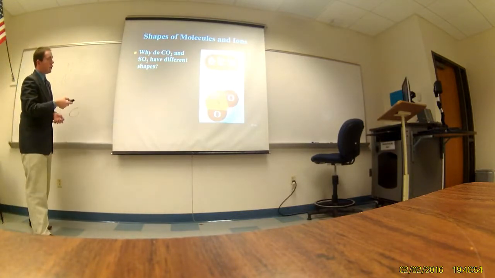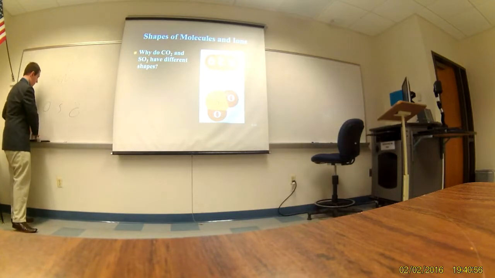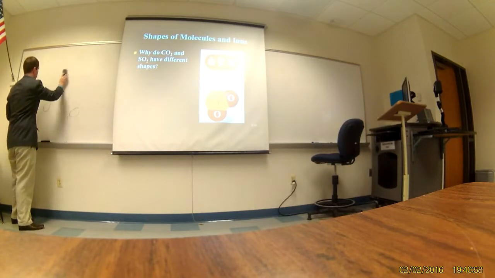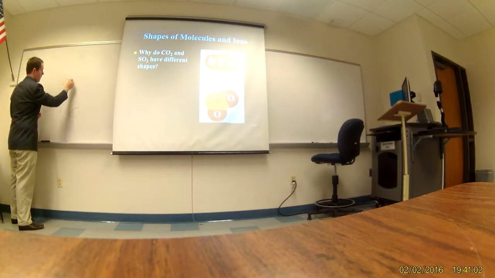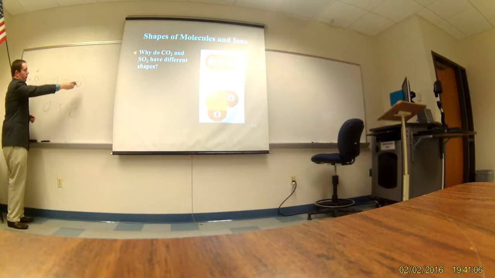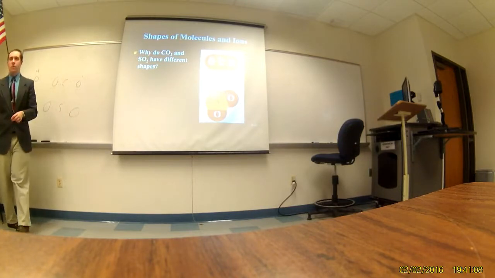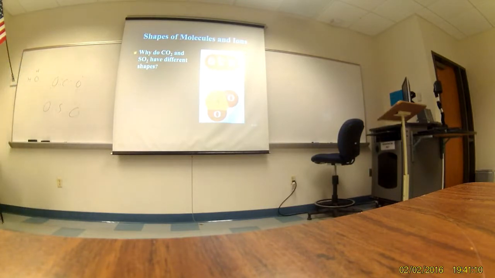This is CO2. You have CO2 and SO2. In terms of Lewis structure, they look very, very similar, right? But the shape is different. One is straight, one is bent.